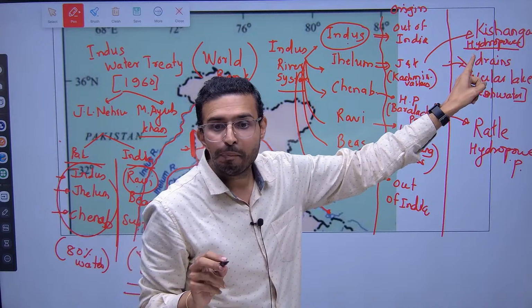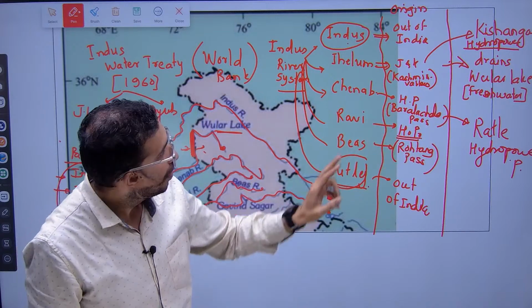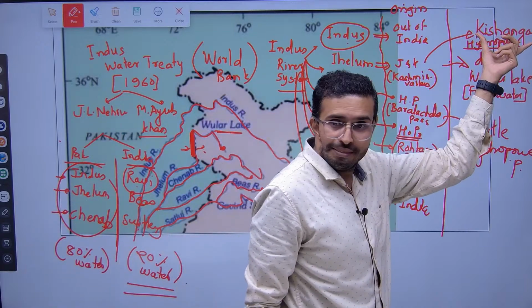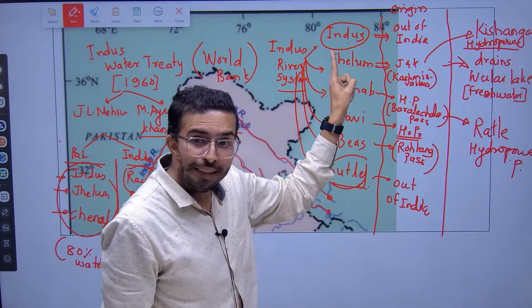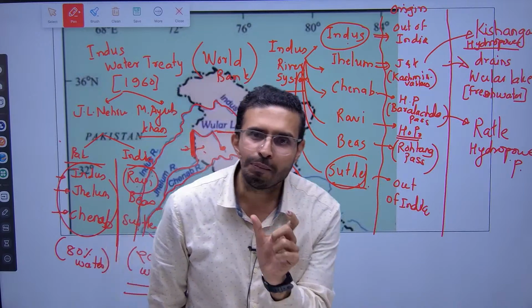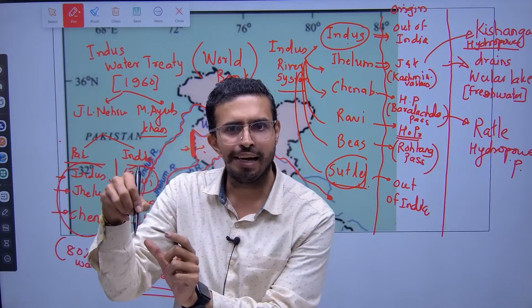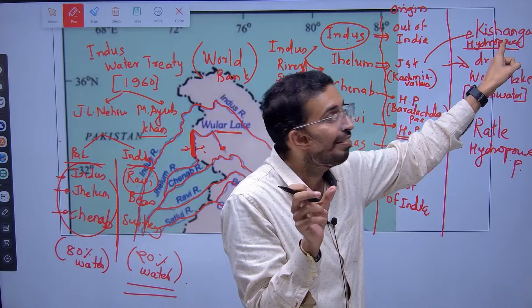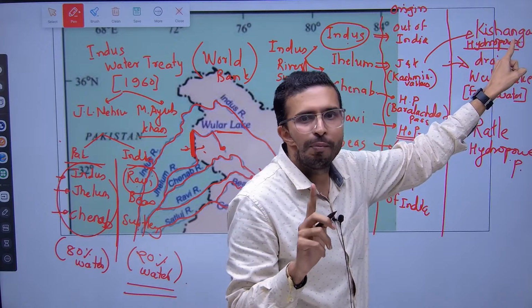Neelam river in Pakistan. So what is the key takeaway? Understand, Kishan Ganga, though the name Ganga is contained in this river, is the tributary of the Jhelum or Indus, not Ganga. We have seen the Ram Ganga is the tributary of Ganga because we have the name Ganga. But this is also Kishan Ganga, the name Ganga is contained in the term, but actually this is not a tributary of Ganga.